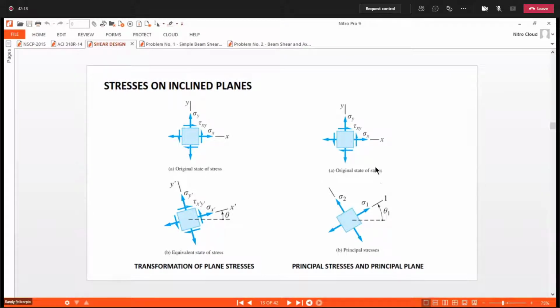So considering sigma x and sigma y, in terms of the principal stresses, our stresses are acting perpendicular to the surface of the elements. That is the case when principal stresses and principal plane are being discussed. They are always perpendicular to the surface of the element.